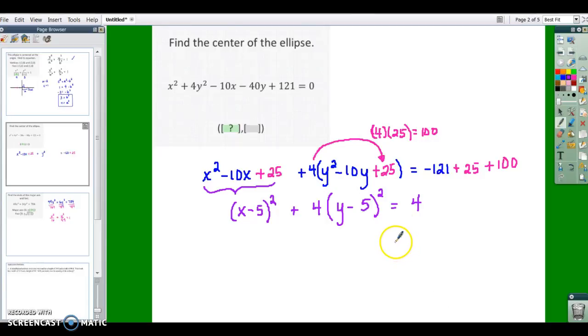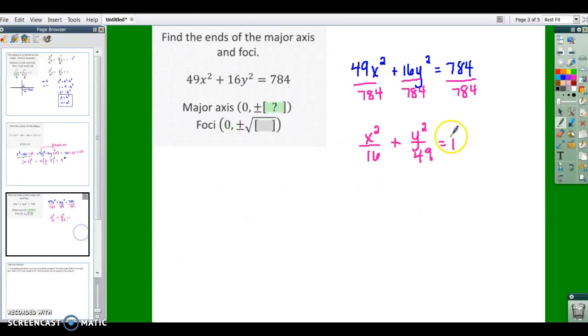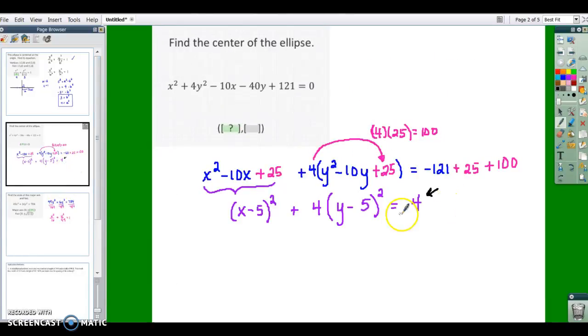Now, again, I still am not in the form that I know how to work with because of the fact that this here is not a 1. Just like I did on that last problem when I divided everything through by 784, here I'm going to divide everything through by 4 to get this side of my equation to be 1.